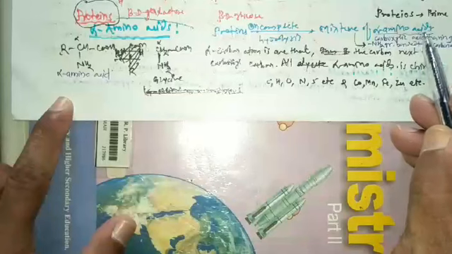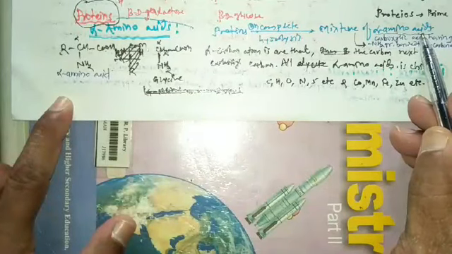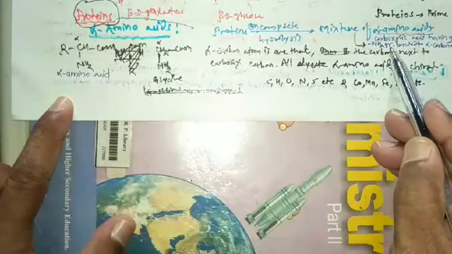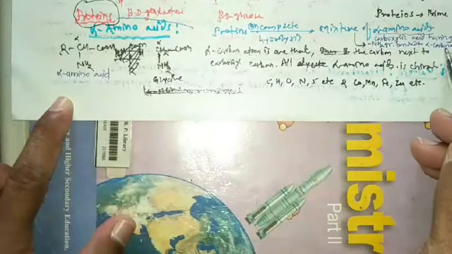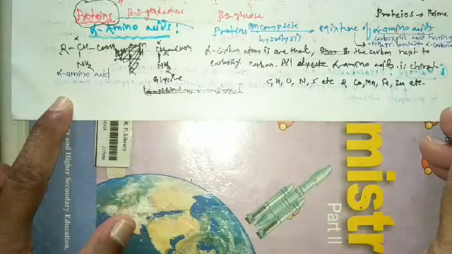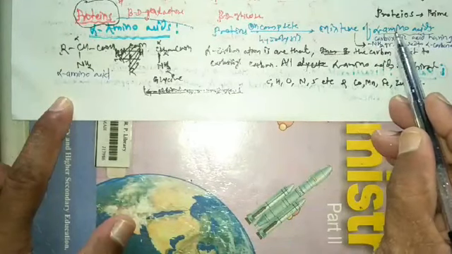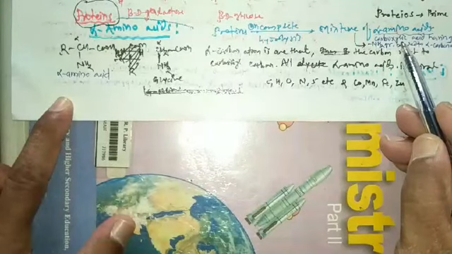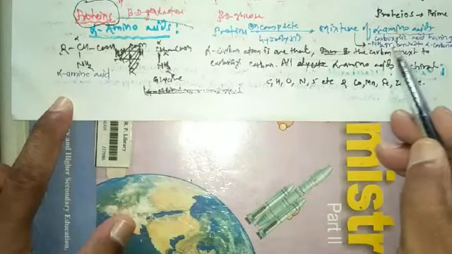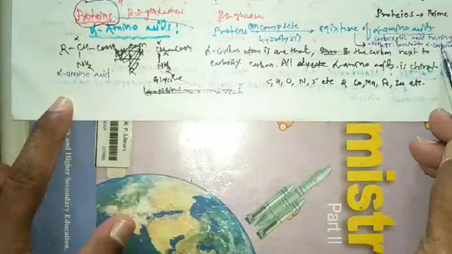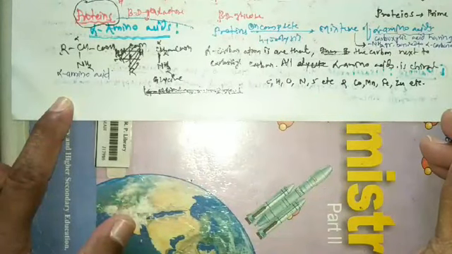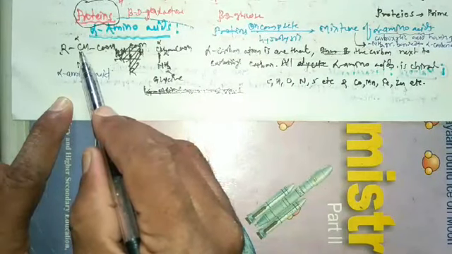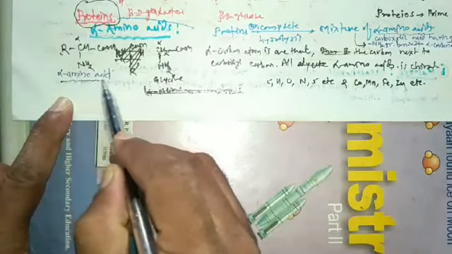Alpha amino acids are nothing but carboxylic acids having an NH2 group bonded to the alpha carbon atom. See here, this is the general representation of an alpha amino acid.